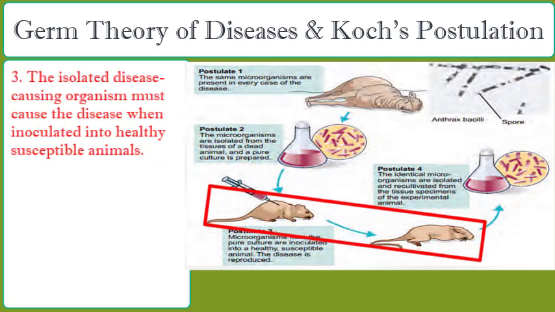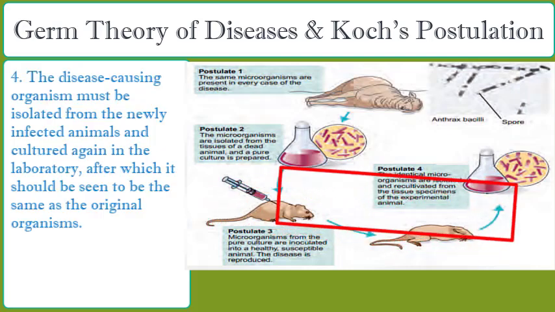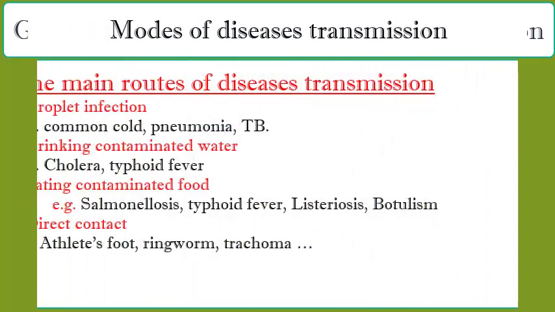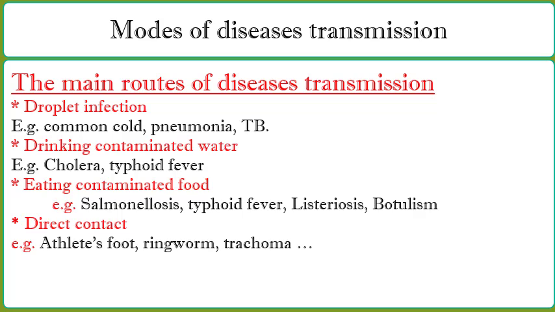The third postulate, the cultured microorganism should cause the same disease when introduced into a healthy susceptible host. The fourth postulate, the microorganism must be re-isolated from the experimentally infected host and identified as being identical to the original microbe. Let us see modes of disease transmission and ways of prevention.